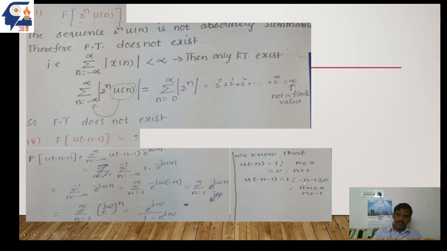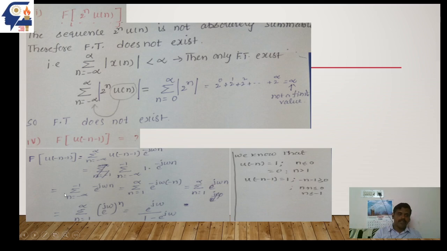Take minus as common, then minus of n plus 1, send that minus to the right side, then n plus 1 less than or equal to 0, or n less than or equal to minus 1. That means if n is negative, the starting point is minus infinity. To find the terminating point, we equate the inside to be greater than or equal to 0. So I got n equal to minus infinity to minus 1 of e power minus j omega n.